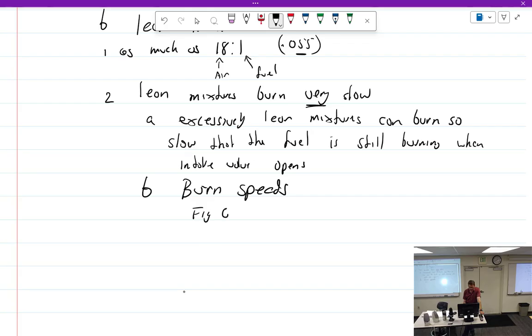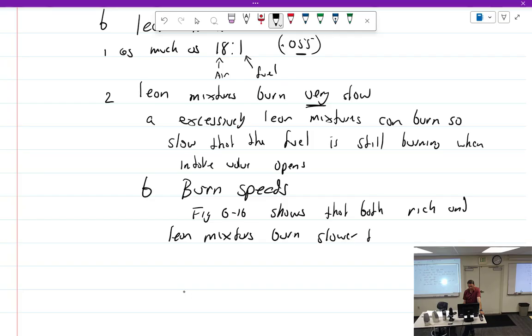Figure 6-16 shows that both rich and lean mixtures burn slower than best power.